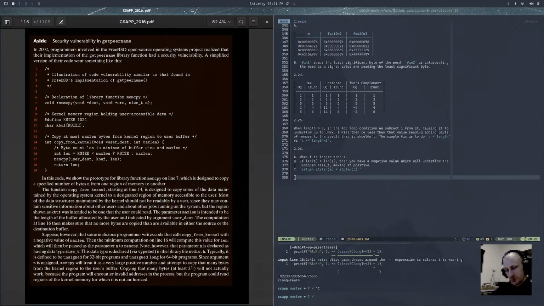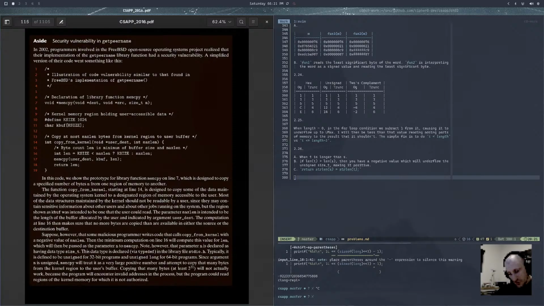Okay, security vulnerability in getpeername. It's interesting. In 2002, programmers involved in the FreeBSD open source operating system project realized that their implementation of the getpeername library function had a security vulnerability. A simplified version of their code went something like this: illustration of code vulnerability similar to that found in FreeBSD's implementation of getpeername, declaration of library function memcpy.